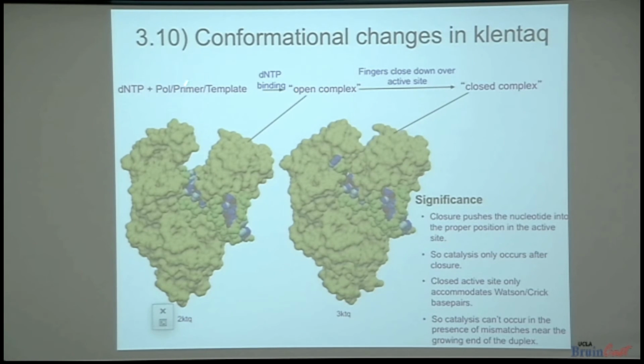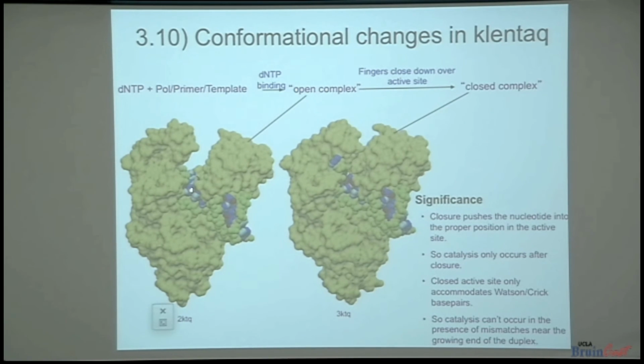During the catalytic process, with the addition of each nucleotide, Klentaq cycles between a so-called open conformation, which we see here, and a closed conformation, which we see here. In the open conformation, there's a big space between the thumb and the fingers. In the closed conformation, the thumb and the fingers come together to clamp over the substrates.